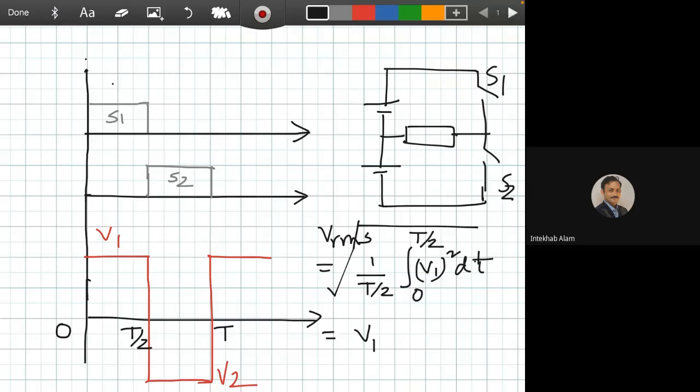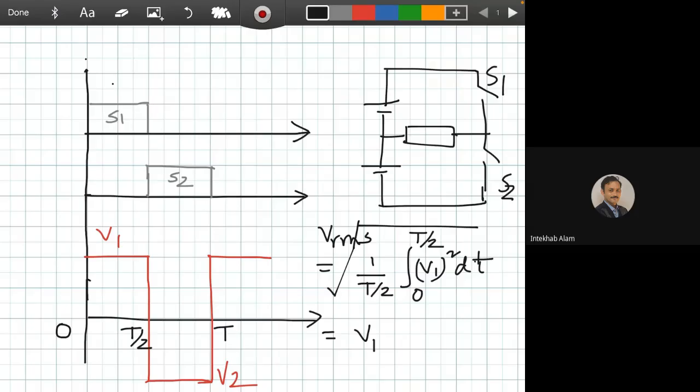Taking the root, the square becomes simply V1. Do you understand this equation? Yes, sir.